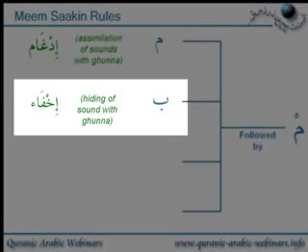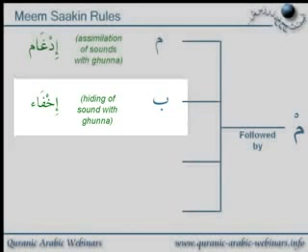If the Meem Saakin is followed by the letter Ba, then we do Ikhfaa, which means hiding of the sound, again with Ghunna.